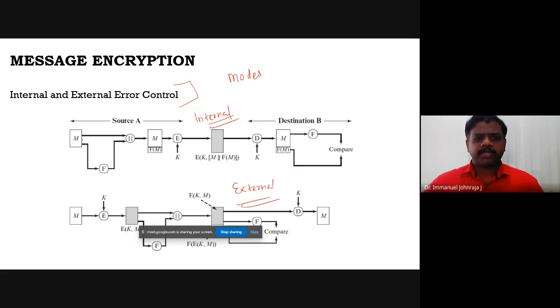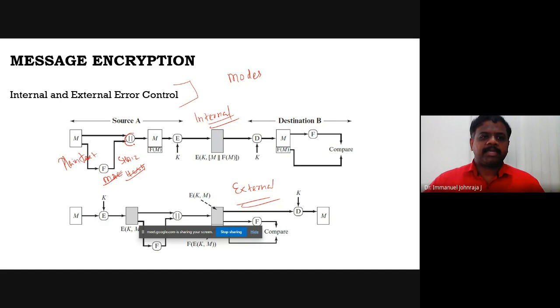You got the original message called plain text available here. That is given to a function. We do not know what that function is. Probably this might be a message authentication code, or it could be a hash algorithm, or it could be some function which creates a digest out of it. Maybe SHA-12. And these two are appended.